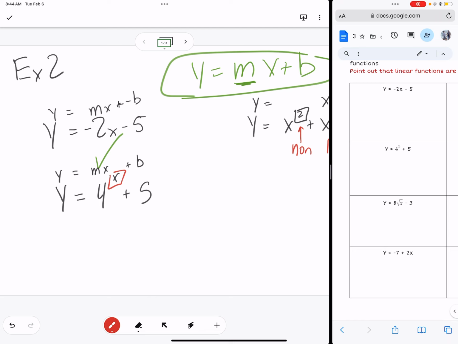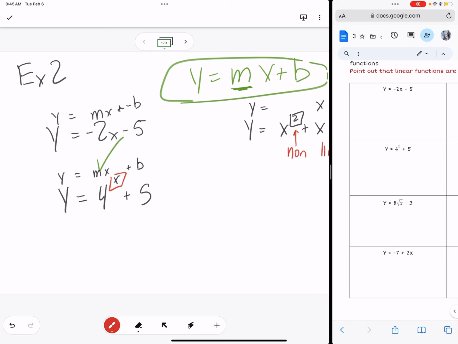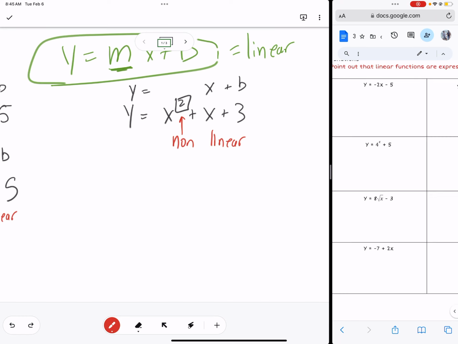Again, if I have an exponent, is it linear? No, no matter what. If I have an exponent x, if I have any exponent, a number or letter, it is not linear. In the original y equals mx plus b, there is no exponent. So that one is not linear because it has an exponent.